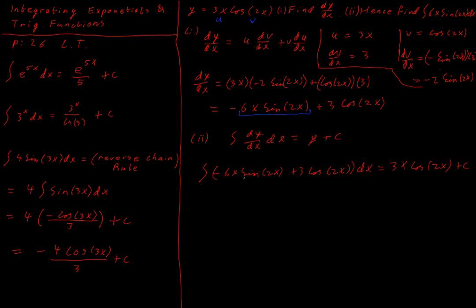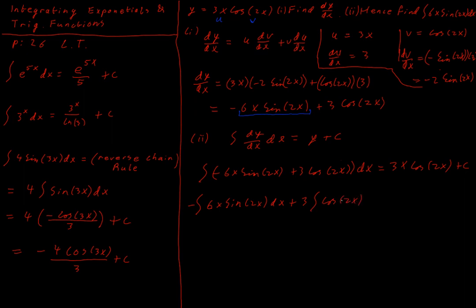Now, we can integrate these things individually. We can't integrate this because it's a product and we don't have a product rule. So what we end up with is minus, we can take the minus outside here, and it's minus the integral of 6x sine 2x dx plus the integral of this piece here. Now we do know how to get the integral of this, plus 3 integral of cos 2x.